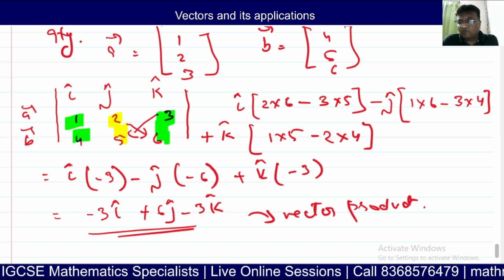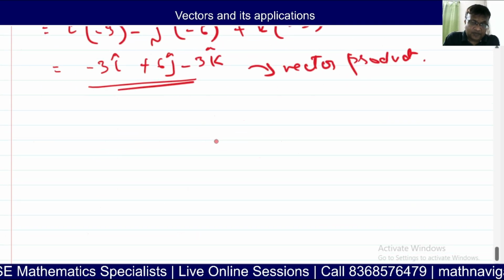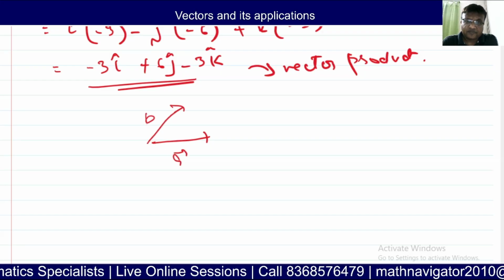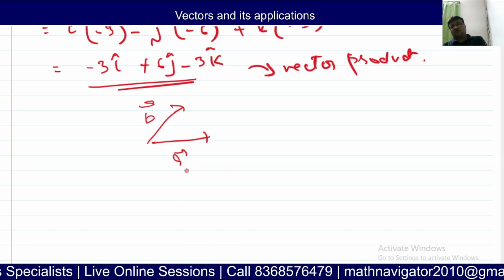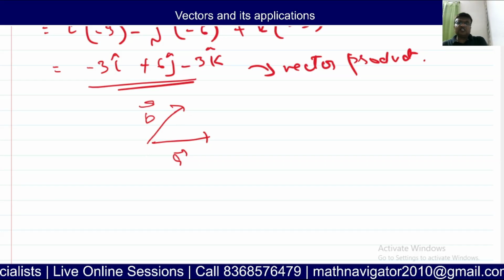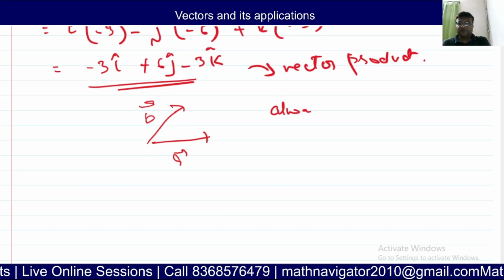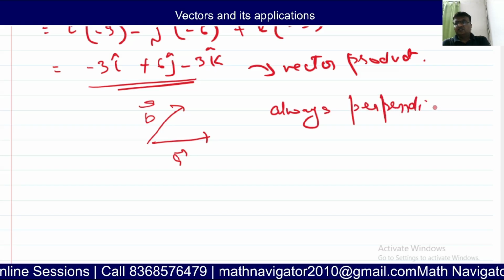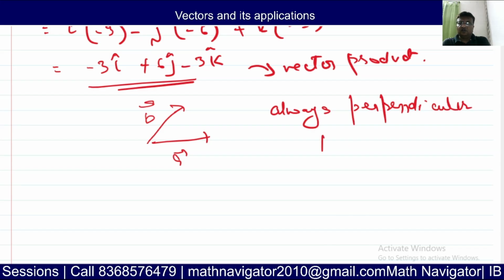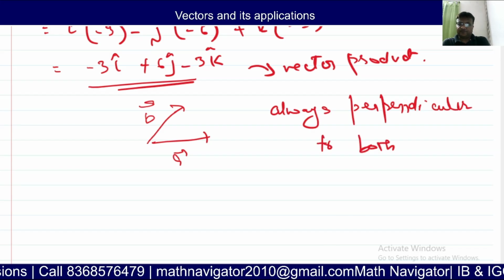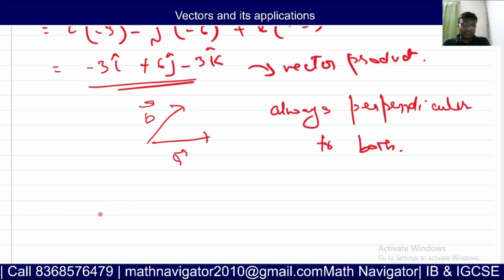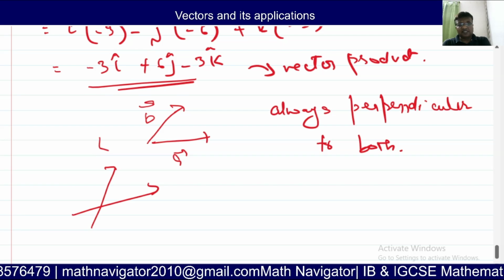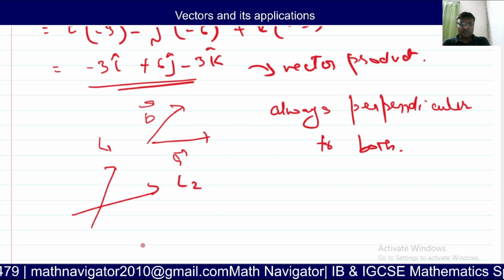But we have to remember one very important concept. Let's say these are the two vectors, vector A, vector B. The cross product of these two vectors is always perpendicular to both. This is a very useful concept when we'll be doing planes. So let's say if I have two three-dimensional lines, this is line L1, this is line L2.